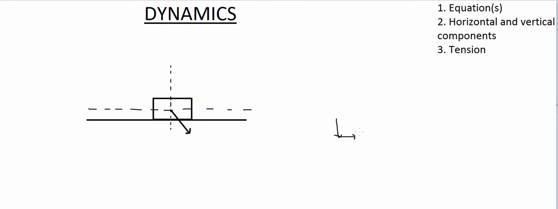However, you can do it the other way: this vector can be made up of two other vectors or forces. So it can be split up into these two other vectors, or maybe even these three other vectors.